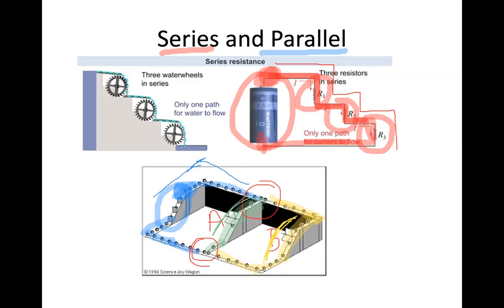So think about, there's a junction, a split. The pipe splits into two, and some water will flow through pipe A and some water will flow through pipe B.